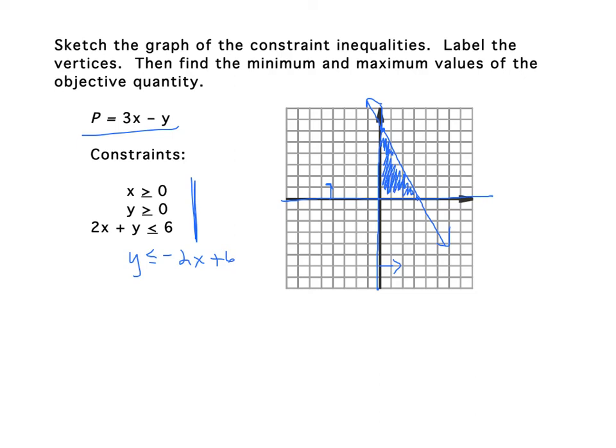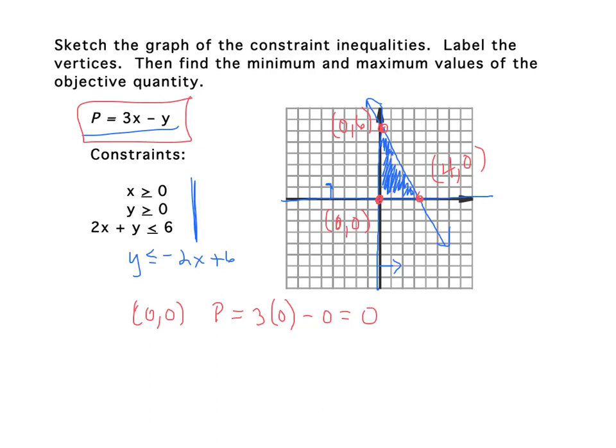And again, the important pieces are our vertices. So we have a vertex here at (0, 0). We have one occurring up here at (0, 6), and then one occurring here at (4, 0). So I'm going to plug each of those into my objective function. So (0, 0), P would equal 3 times 0 minus 0 or 0. (0, 6), P would equal 3 times 0 minus 6 or negative 6.